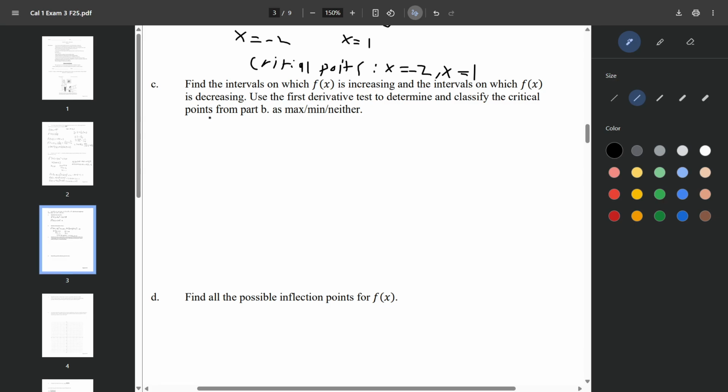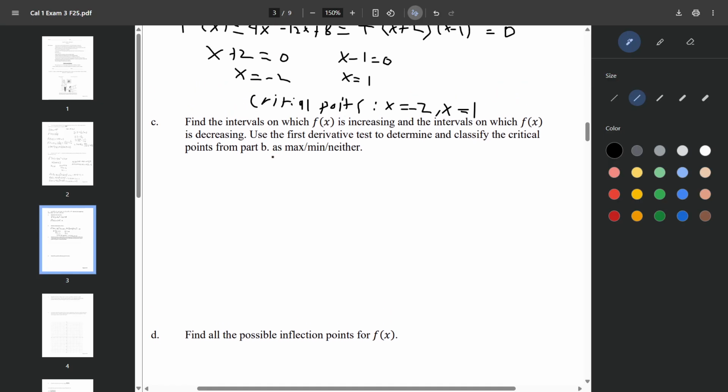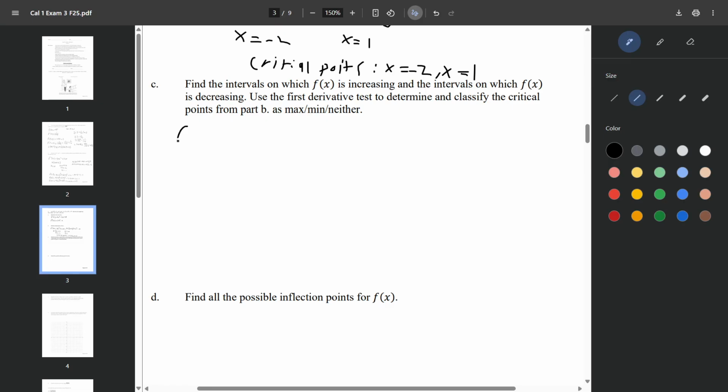Alright, the next part, part C, is a little bit trickier. Find the intervals on which f of x is increasing and the intervals on which f of x is decreasing. Use the first derivative to determine and classify the critical points from part B as max, min, or neither. So what we'll effectively do is have f prime of x, and we'll have a number line to see when the graph is increasing or decreasing using the critical points.